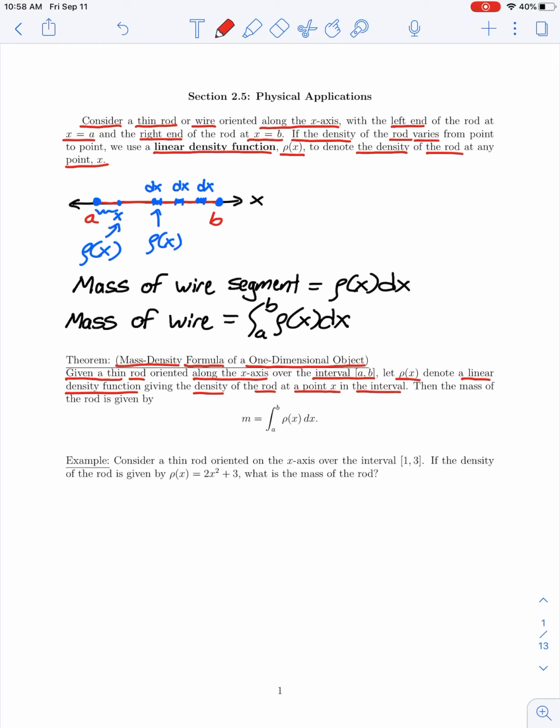In this case, the total mass of that rod or that wire is given by m, which is the definite integral from a to b of rho of x dx.